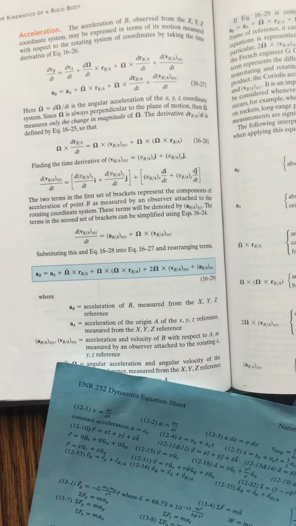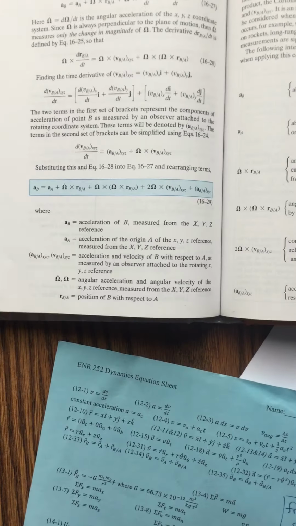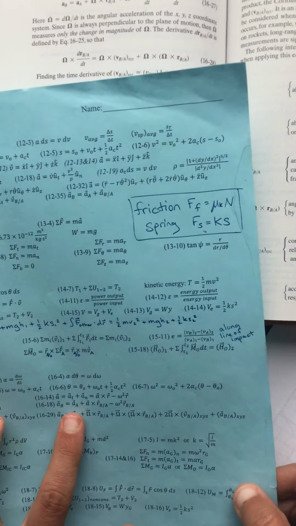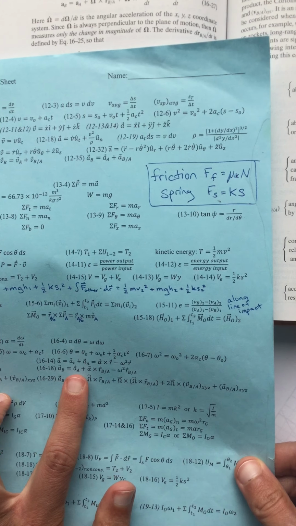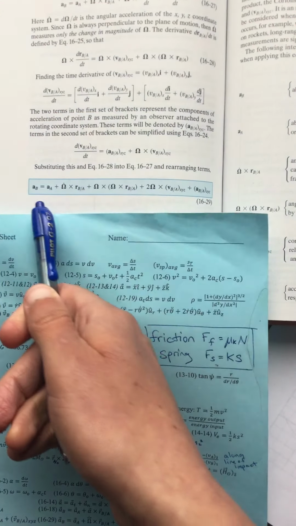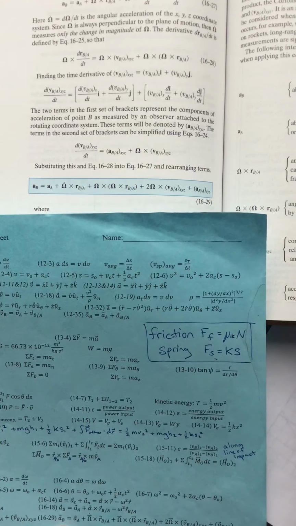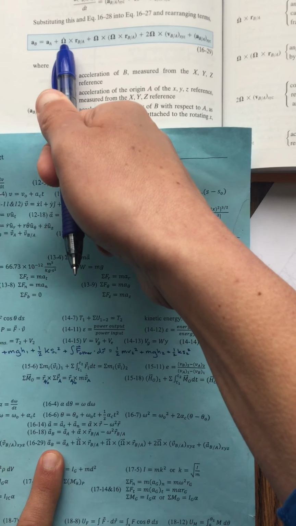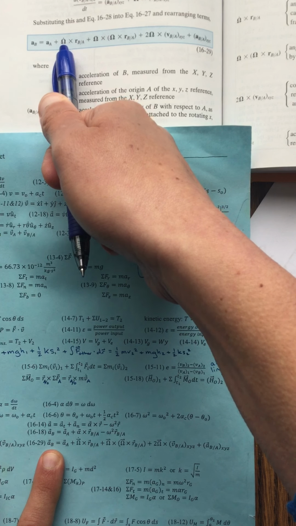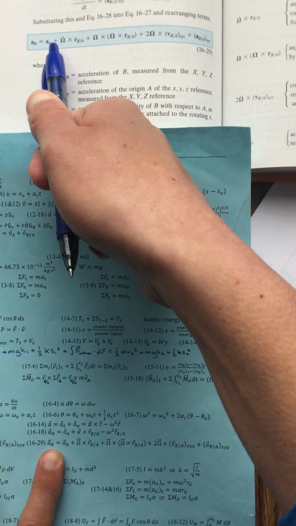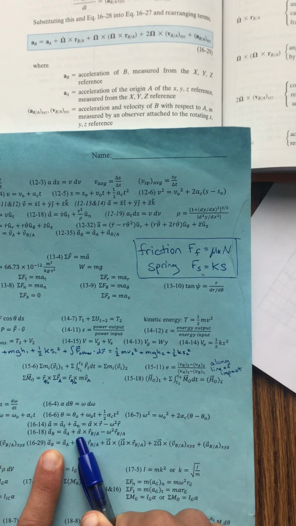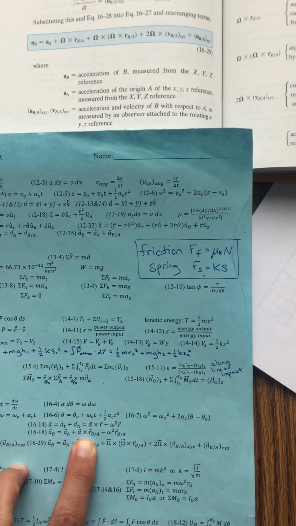So then going back to equation 16-29, let's compare this to equation 16-18. So we have the acceleration of B, acceleration of A. We have acceleration of B, acceleration of A here. Then capital omega dot. And if I choose my coordinate system so that capital omega is the same as lowercase omega, then capital omega dot would be the same as the angular acceleration that I have here.